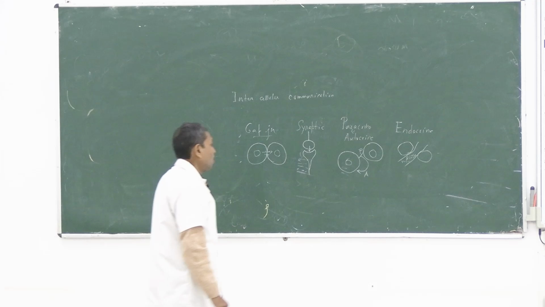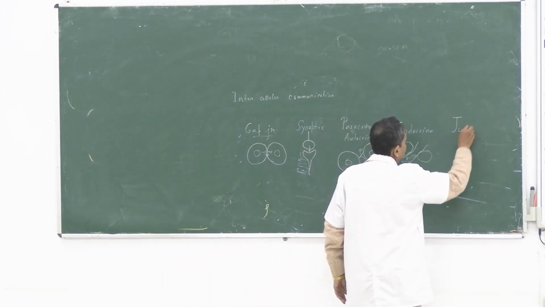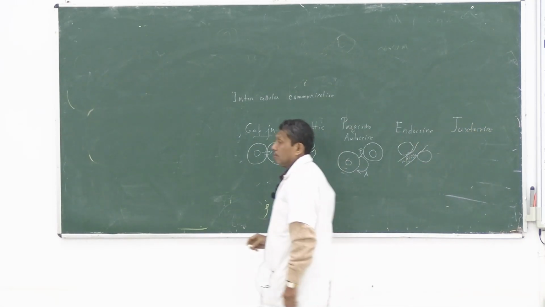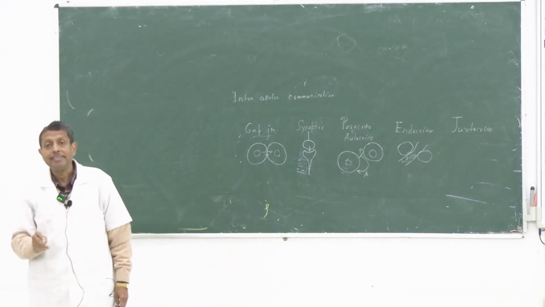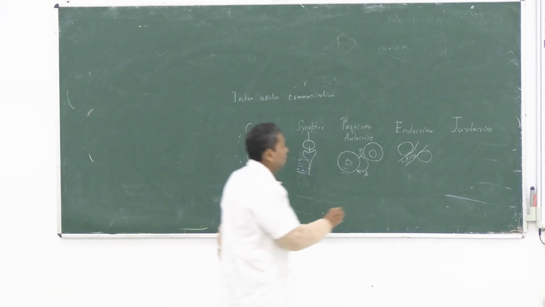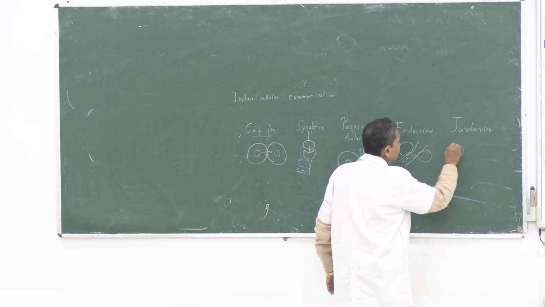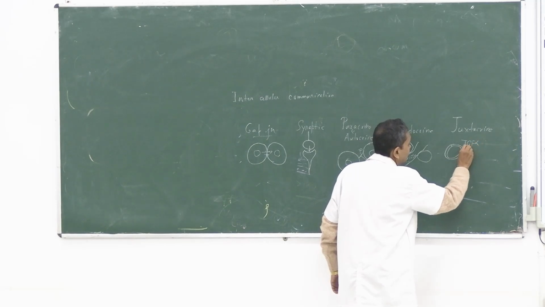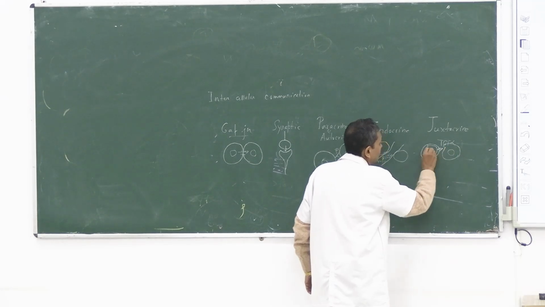And there are other communications also, like juxtacrine communication. Some cells express transforming growth factor alpha. Suppose some cells are expressing that integral membrane protein. Suppose this is the transforming growth factor alpha, and another cell may have its receptor where it may have its effect.